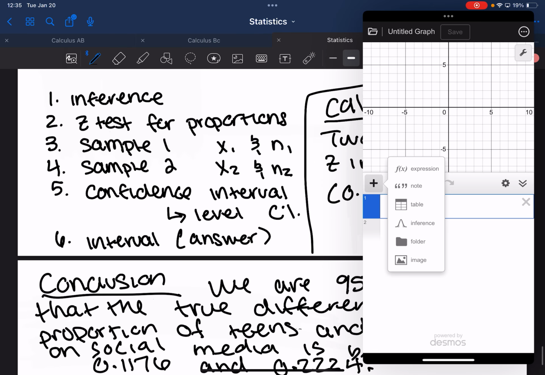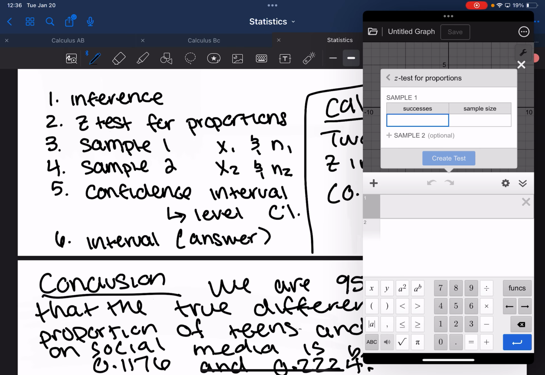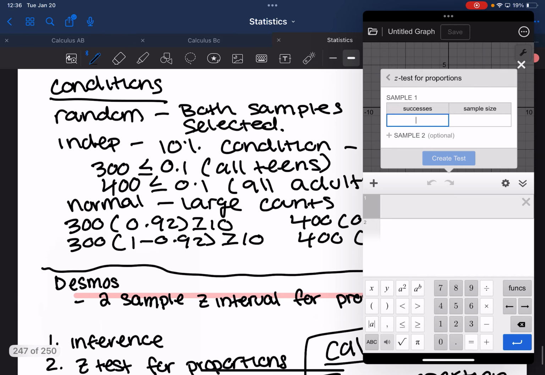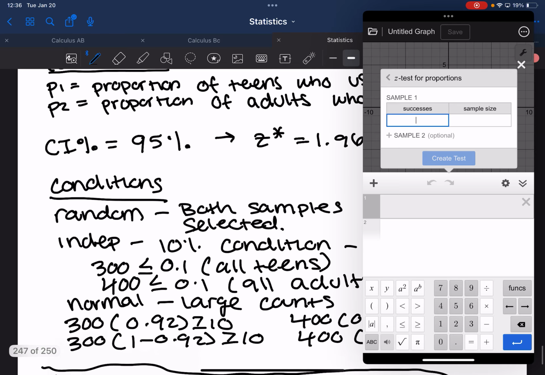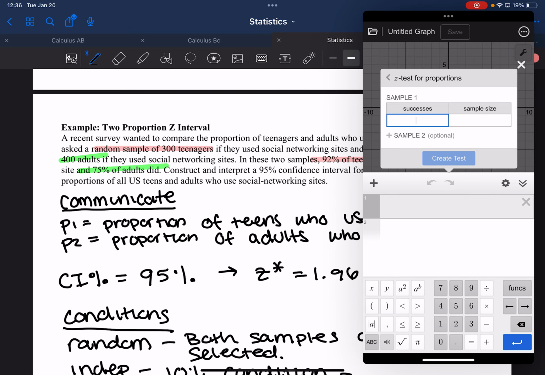So I'm going to go to add an inference. Okay. Still using z-test for proportions. And then notice how it says sample 1 and sample 2. Well, for sample 1, I'm going to type in what I got for teens. So for teens was, let's see, 300, and then it said 92%.